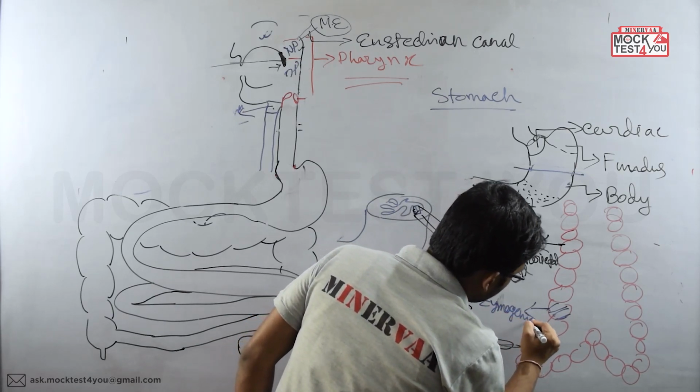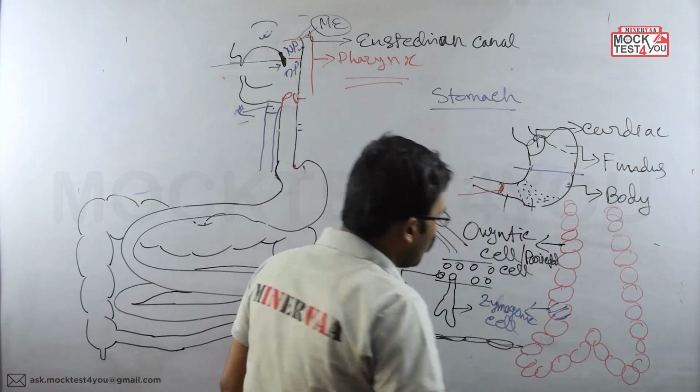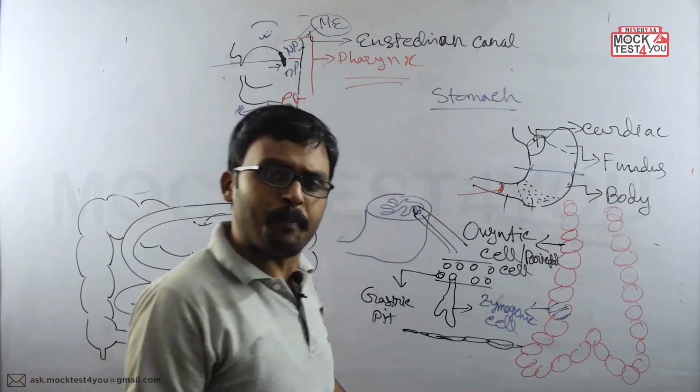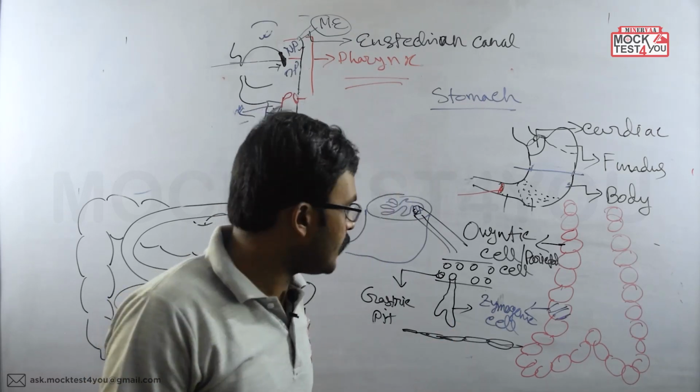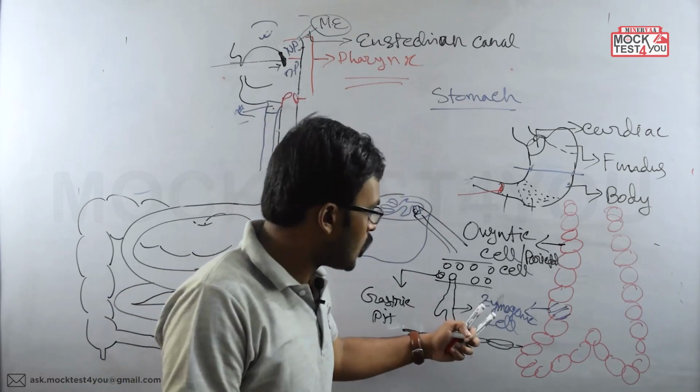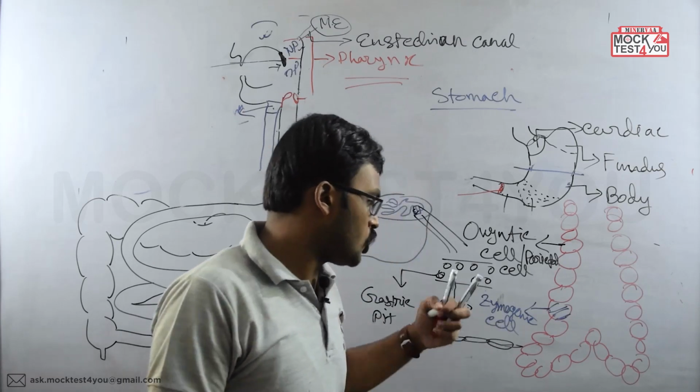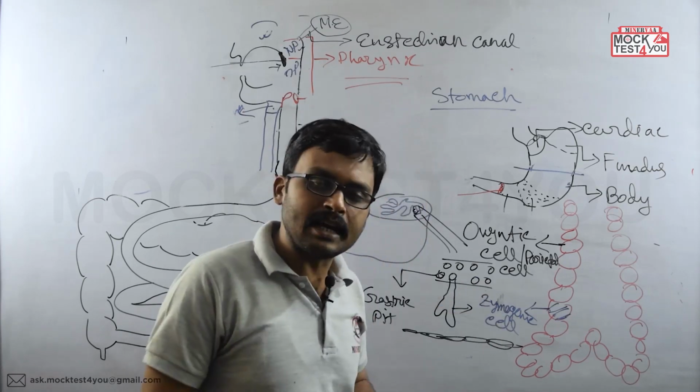Zymogenic cell. This zymogenic cell is also called the peptic cell, or chief cell. So the zymogenic cell, or the chief cell, is secreting what?